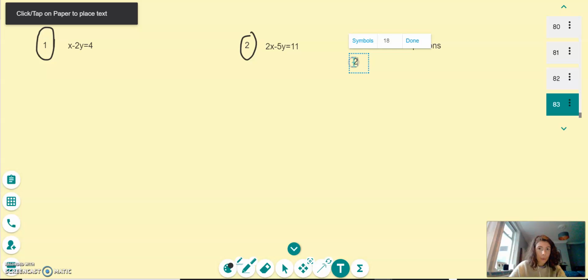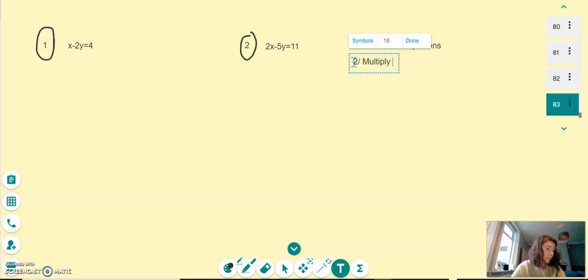And now step 2, we want to multiply the equations by the coefficient, which is just the number in front of either the x or the y. So the number in front of the x here is just 1 because it's on its own.